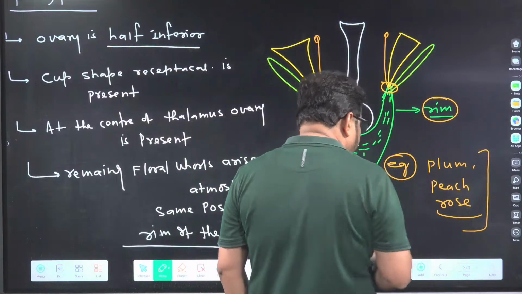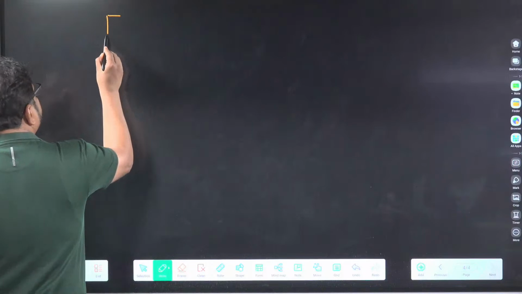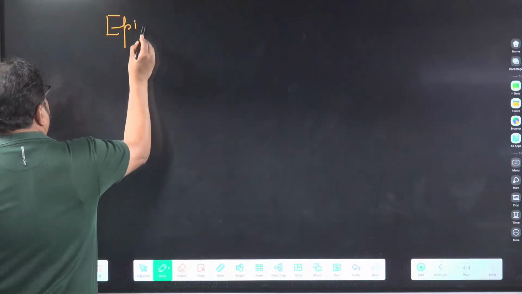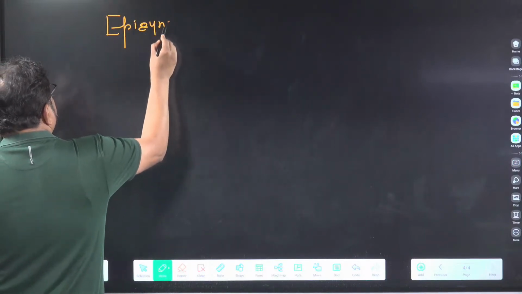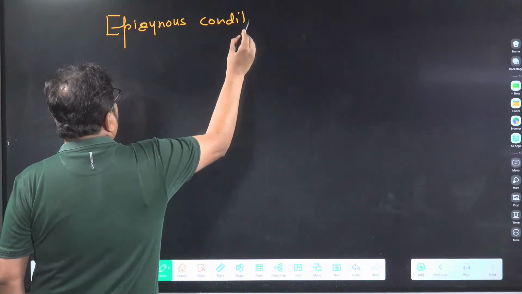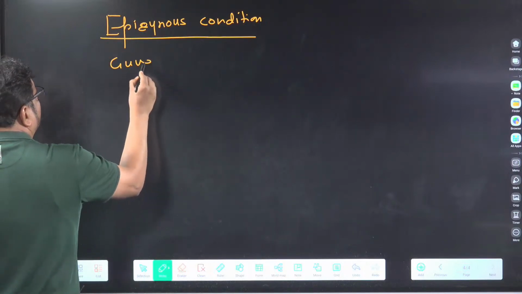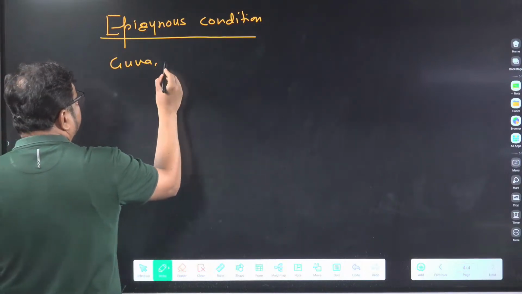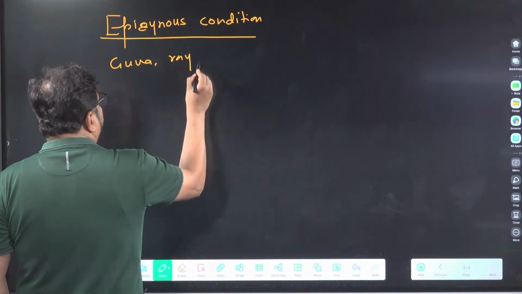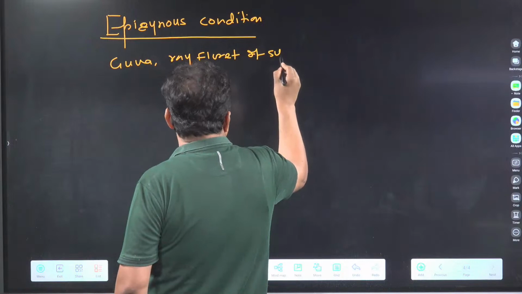Now we are going to discuss the third one, that is the epigynous condition. I am writing the examples. What are the examples? Guava. Another example is the ray floret of sunflower.